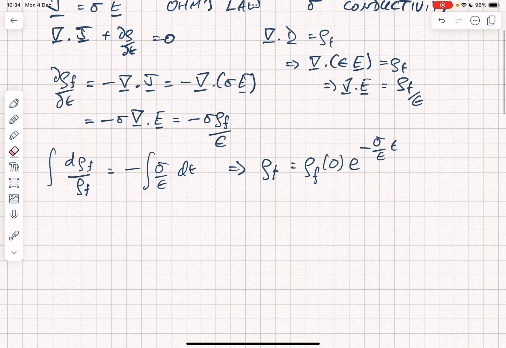The timescale over which it will dissipate to the surfaces we could write as tau, and that's going to be epsilon over sigma. That's a characteristic time for the dissipation.